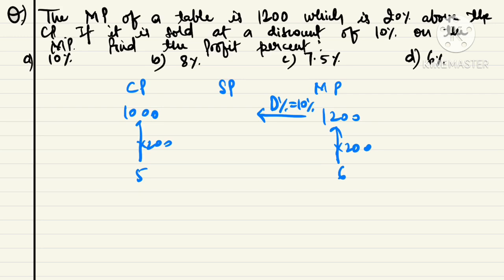Fine. So what will be the selling price? Selling price will be 1080. Fine. 1000 to 1080. So what will be the profit percent? It's clear. It's B. Fine. So option number B will be your answer.